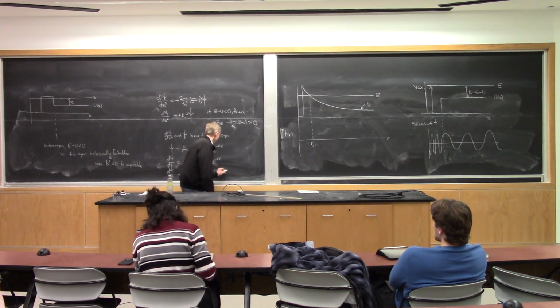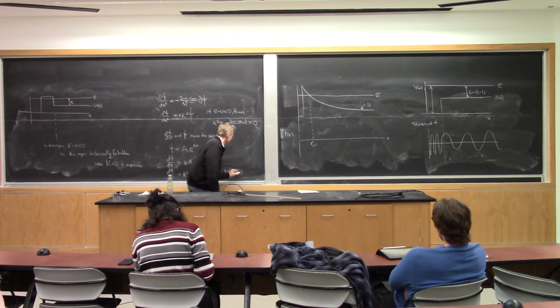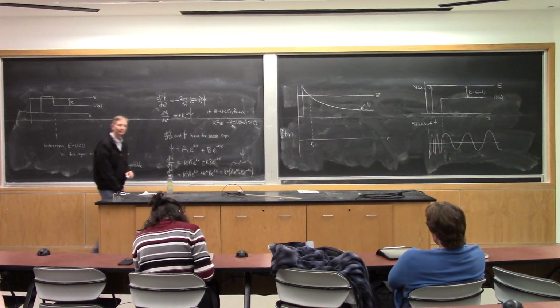But that's all kappa squared times a e to the kappa x plus b e to the minus kappa x. But that's what you started with.